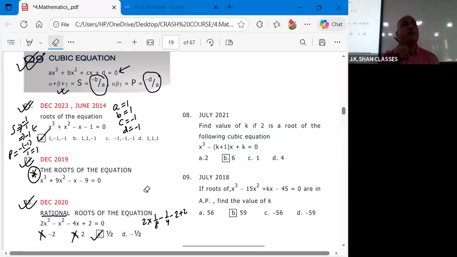Here we have started with cubic equation. After that, we'll do quadratic, correct? Because cubic has only 9 questions. So let us first complete 9 questions. Then we'll start, because quadratic has around 30 questions.